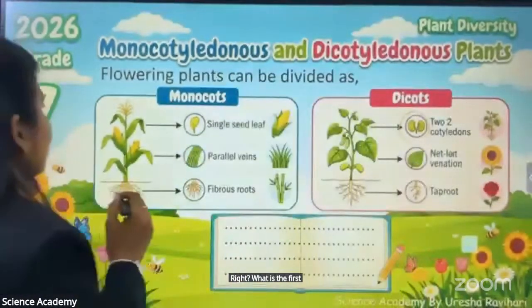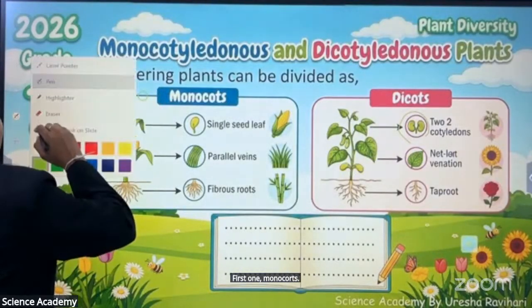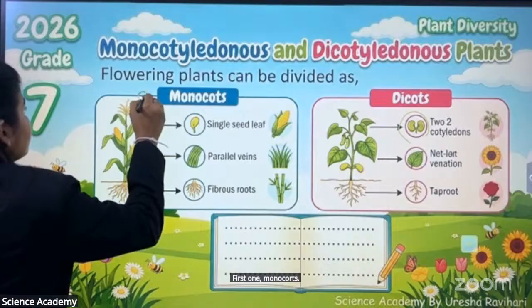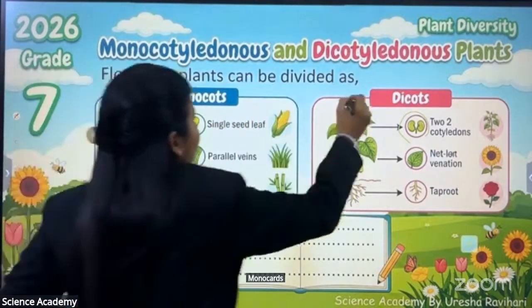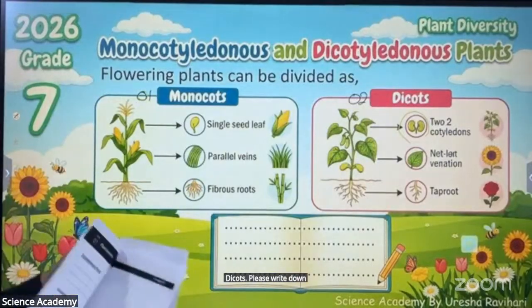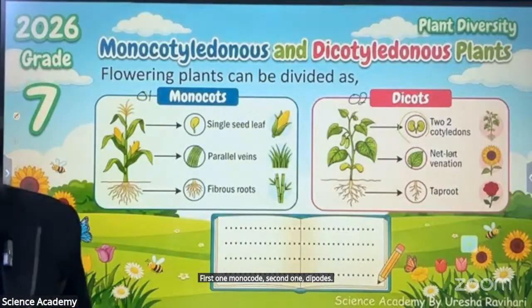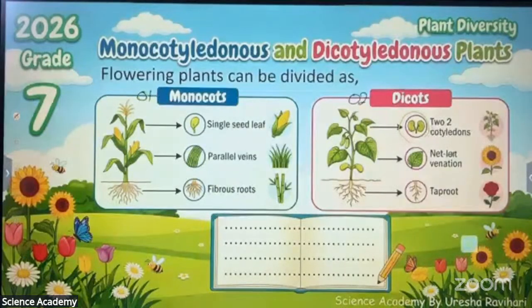First one, monocots. Second one, dicots. Please write down these 2. Done, teacher. Okay.